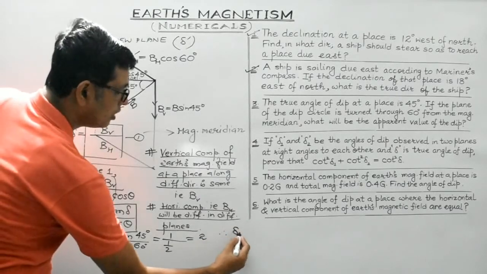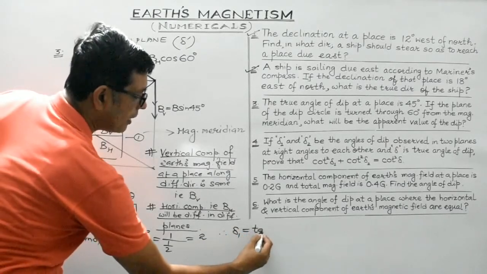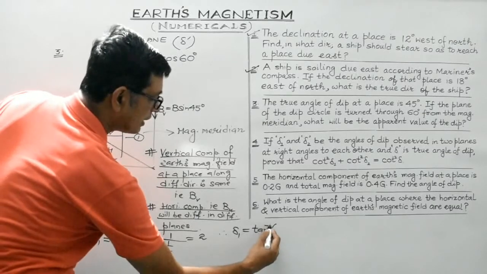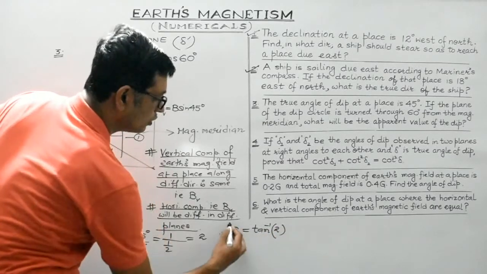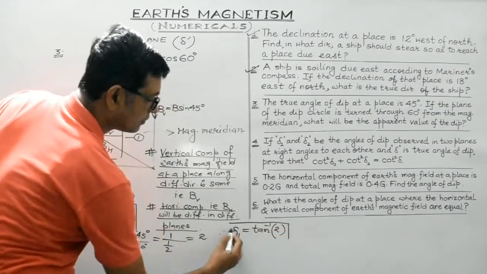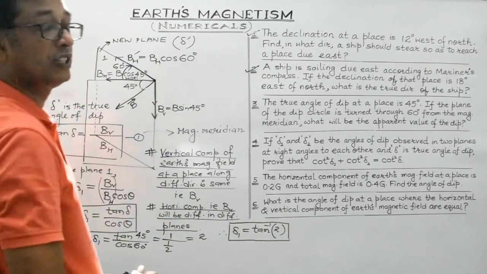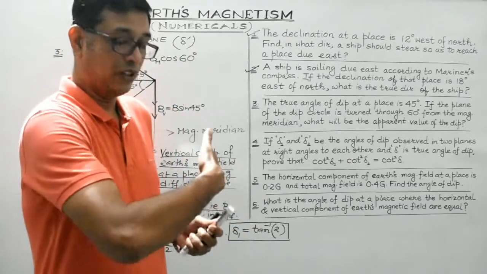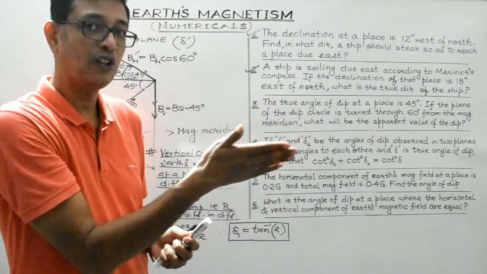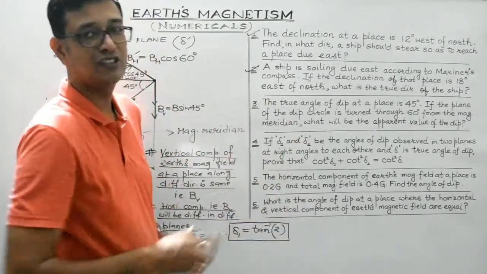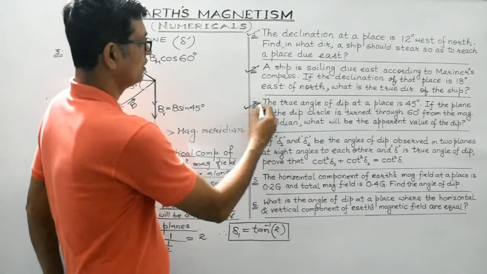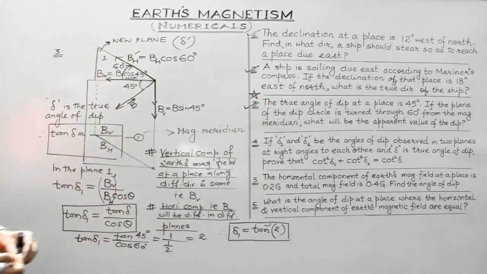Therefore, the apparent angle of dip is tan inverse 2. So this is the answer, students. The apparent or virtual value of the angle of dip when the plane is rotated through 60 degrees would be tan inverse 2, right? So this was a very important question.